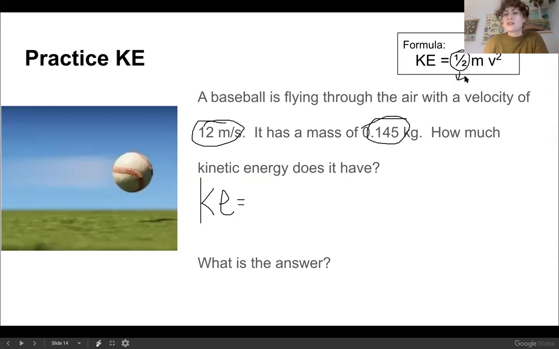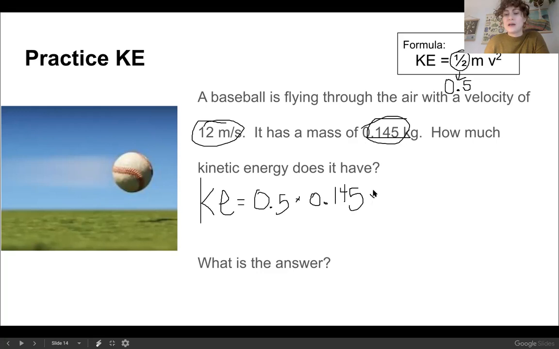The decimal form of 1/2 is 0.5, and that's a lot easier to put into a calculator, so I like to just change it over to that. So let's do 0.5 times mass. Mass is right here, 0.145.